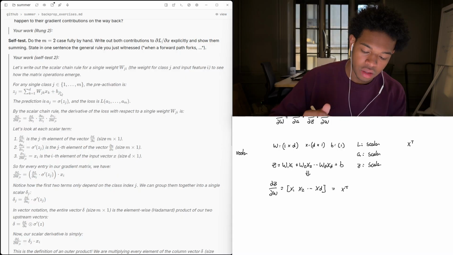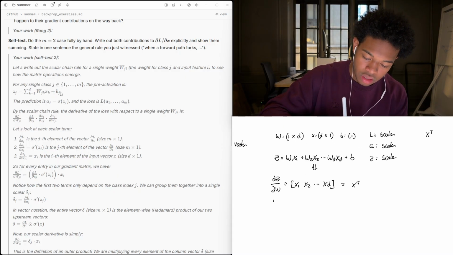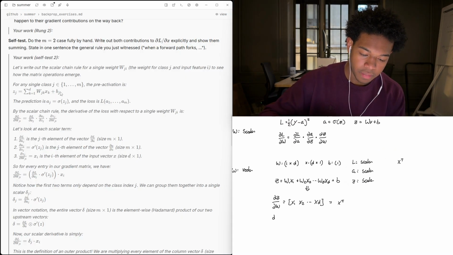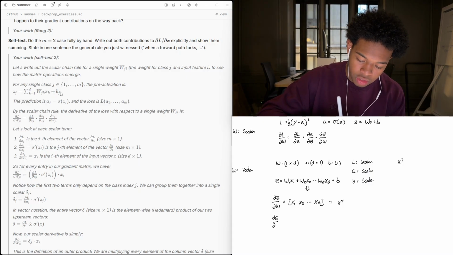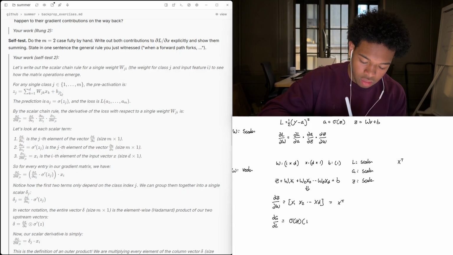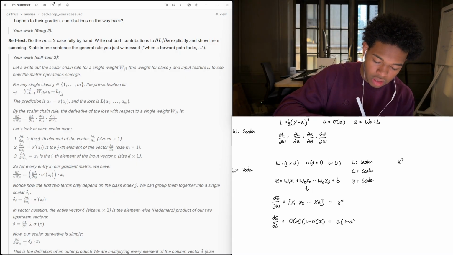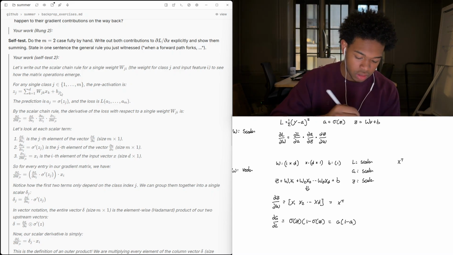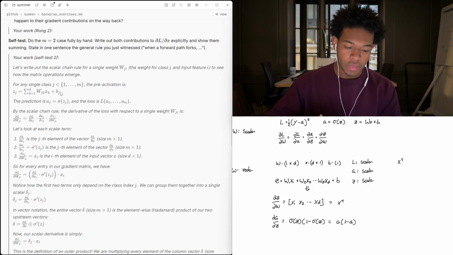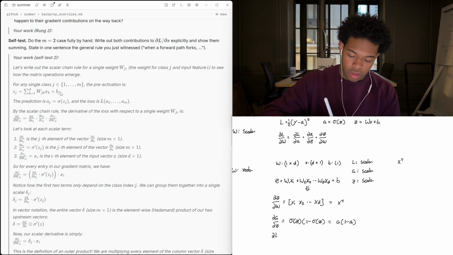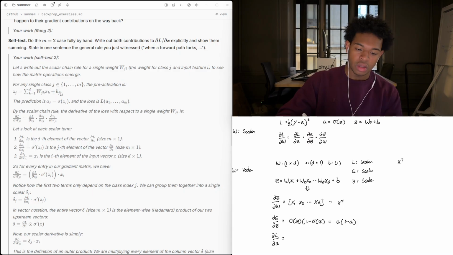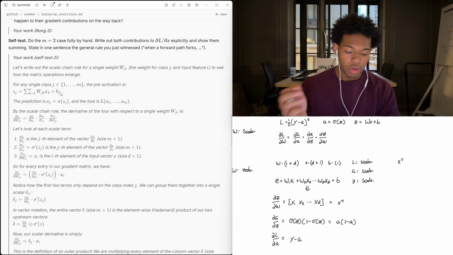So now we have the partial of A with respect to Z still equals sigmoid of Z times 1 minus sigmoid of Z, which equals A times 1 minus A. And then once again, L with respect to A equals Y minus A. Beautiful.